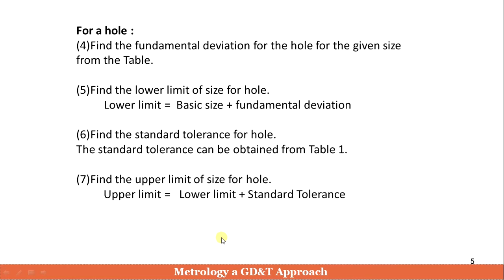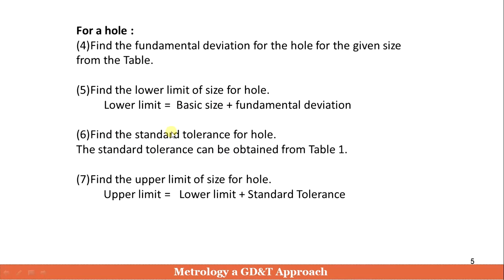Then we have the calculation of sizes for the hole. The fundamental deviation for the hole of the given size can be found using the alphabet and the table selected for fundamental deviation, and then we find the lower limit of size for the hole. The lower limit is the basic size, measured from the zero line, plus the fundamental deviation, which is based on the table.